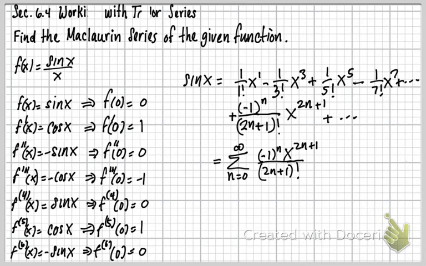Now the cool thing about this is, now that we have that, look what we're doing here. If we're looking at the sine of x over x, we're in essence dividing all of this by an x. So all of this, we're going to divide by x. And notice what happens here. This is going to cancel with one of those. Then when I do the x here for the second one, it's going to take one of those away, and one of those away, and one of those away.